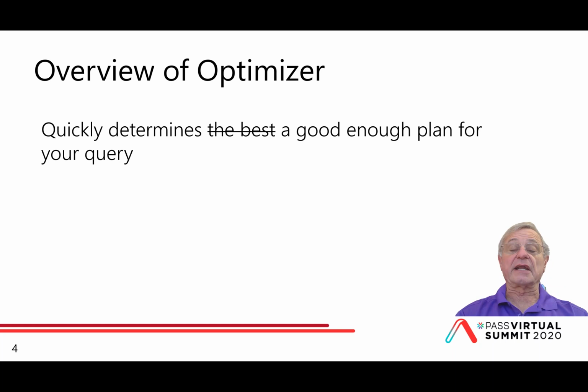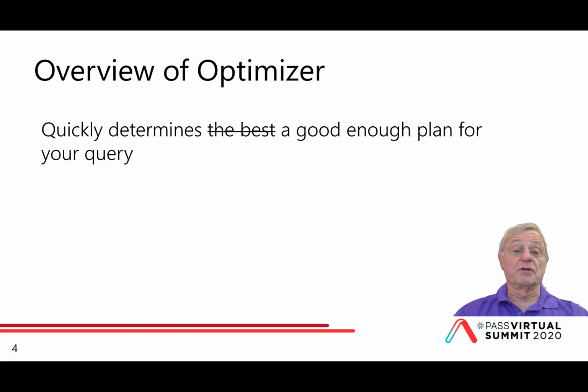If it looks at 500,000 plans and still hasn't found one whose estimated work is less than the threshold, it will stop right there and take the best one that it's found so far, which is not, quote, good enough, but it's not going to keep looking. It's not going to spend all day trying to find one that's less than the threshold. It's going to take the best one it's found, and that's going to be the plan. And that's a timeout. And that's something you want to avoid.